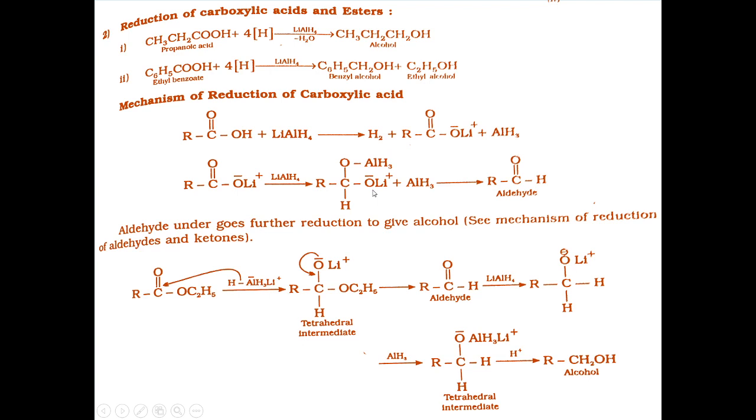Now we also have to see the mechanism of reduction of carboxylic acid. Here the general reaction is given. RC double bond OH reacts with lithium aluminum hydride. Here is the formation of the intermediate product RC double bond O minus Li plus, and the byproduct is LiAlH3.